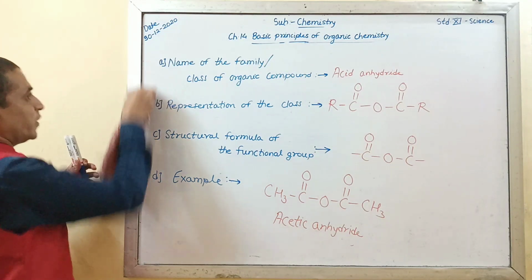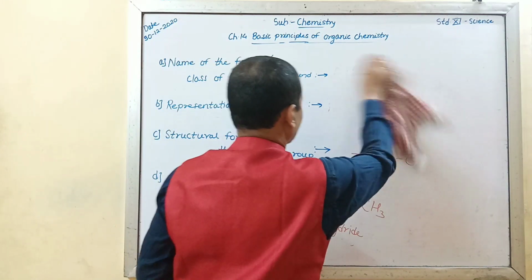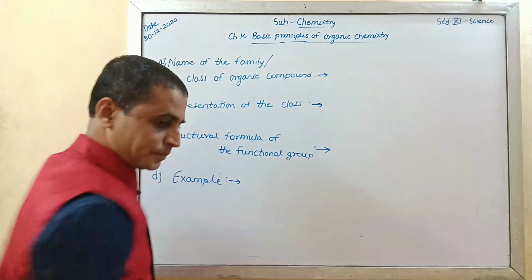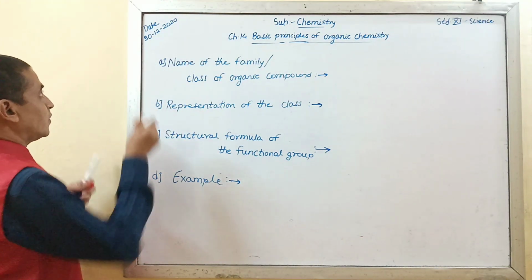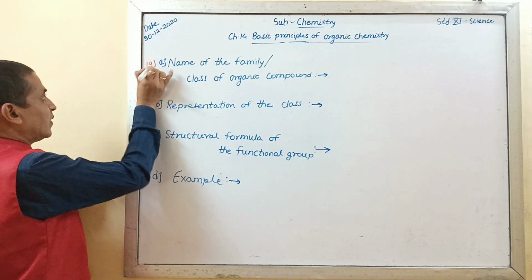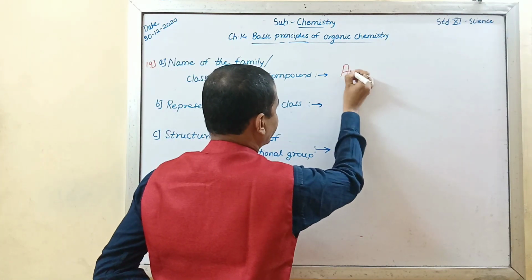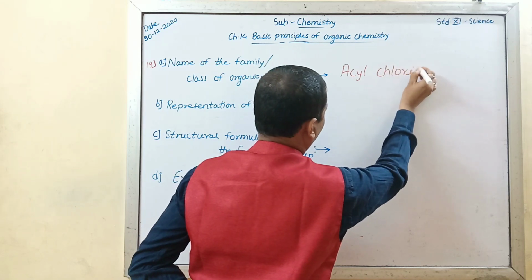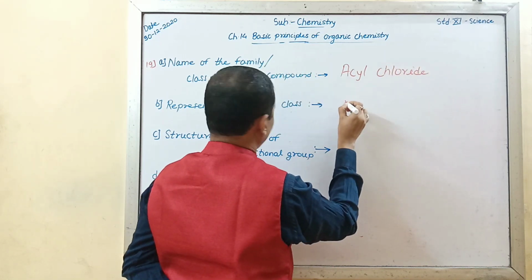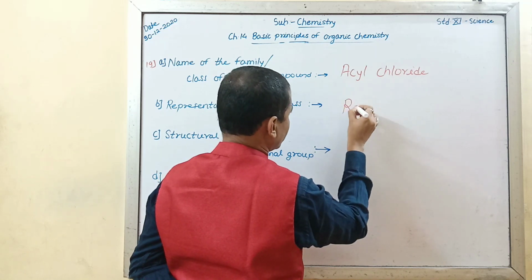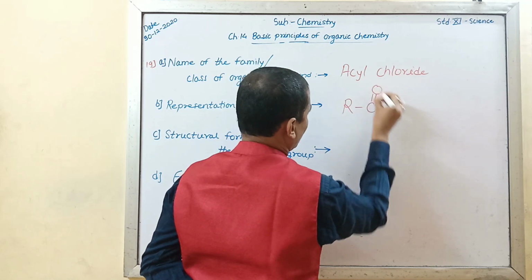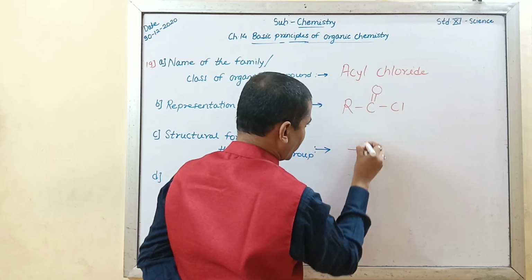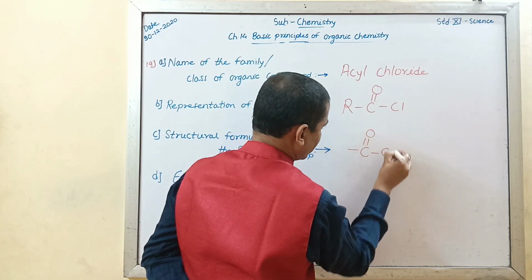Now we'll proceed to the next. The class is acid chloride. The general formula or representation of the class is written as RCOCl. And see, the structural formula can be written as CO and Cl.